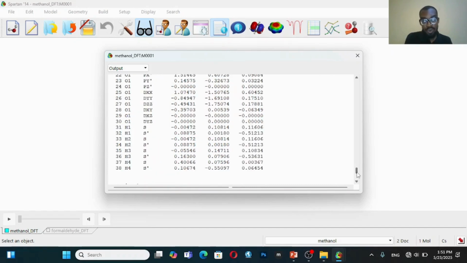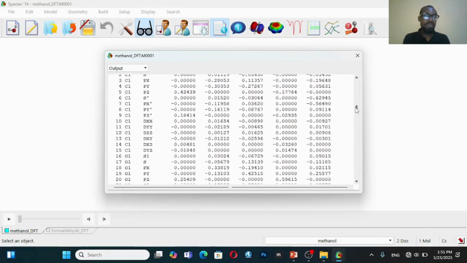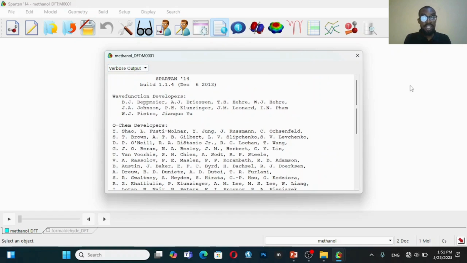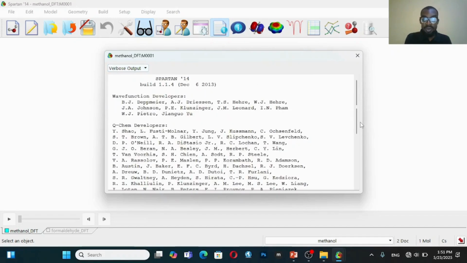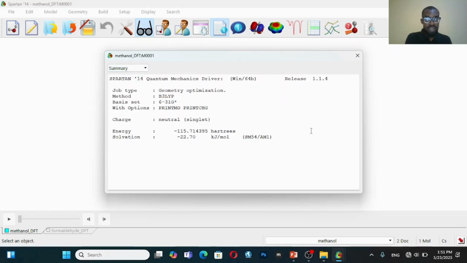A lot of times you might need this information to also explain the results you've gotten, so you can always go to the output and find it there. Now, I was looking at variables output. Okay, we are not getting anything from this, but let's go to the summary. Okay, good. This is just a summary of all you did, and it gives you the energy and tells you the solvation energy.